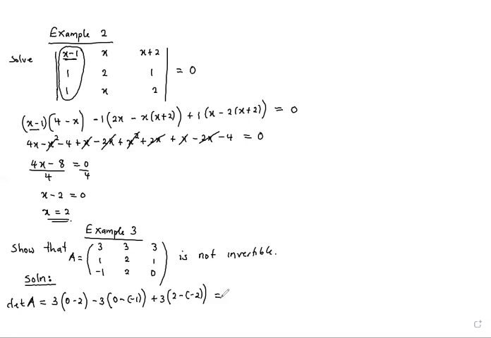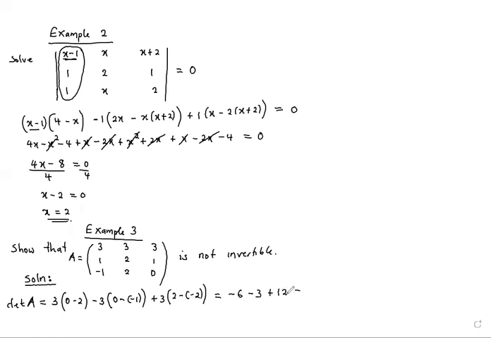This is equal to 3 by -2, that is -6. And then -3 by +1, that is -3. And then 2 minus, that is 2 plus 2, by 3, that is 4.